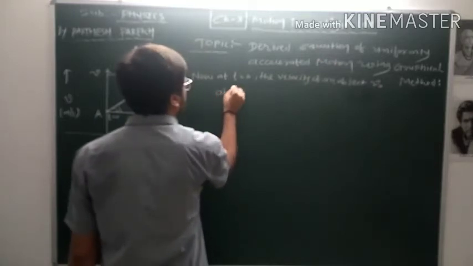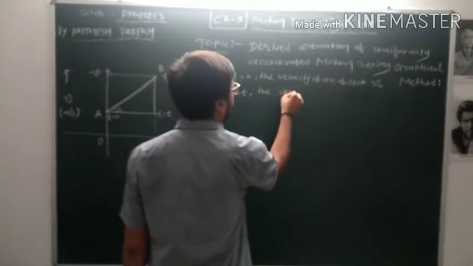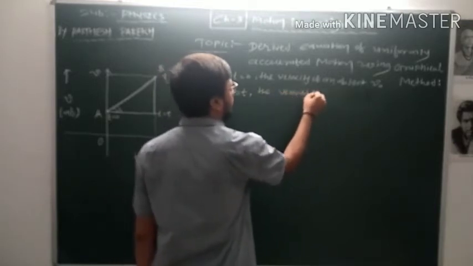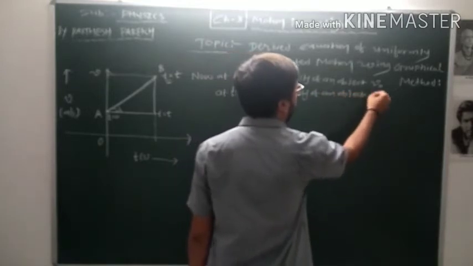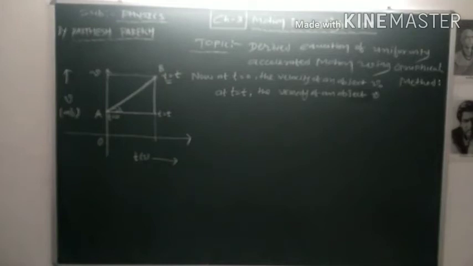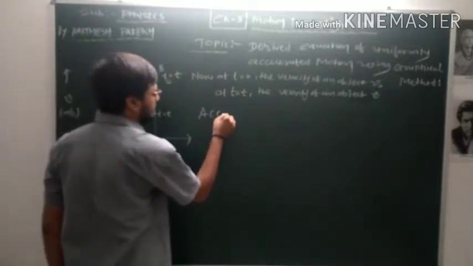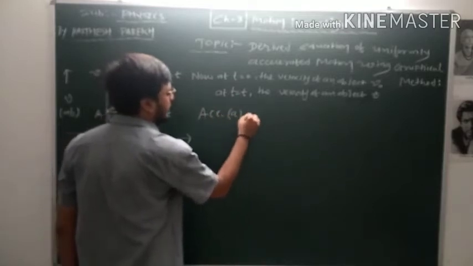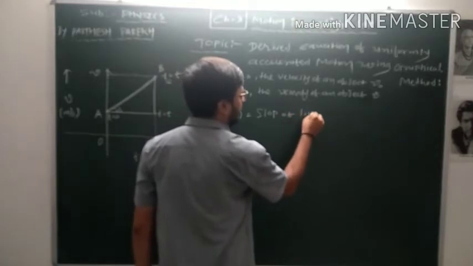At time t equals t, the velocity of the object is v. Now we find the acceleration. Acceleration is the slope of the line AB.